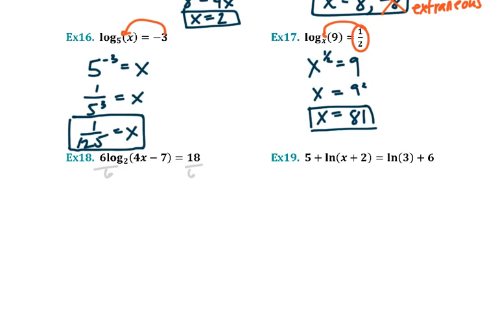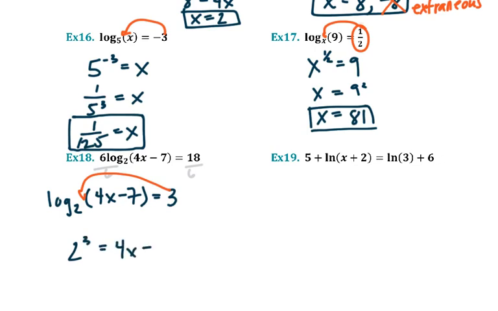But in this situation, I'm going to choose, since that's 6 times a log, to divide by 6 on both sides of the equation. And that gives me that log base 2 of 4x minus 7 equals 18 divided by 6, which is 3. So now, if I convert, this is going to be 2 cubed equals 4x minus 7. 2 cubed is 8. 8 equals 4x minus 7.